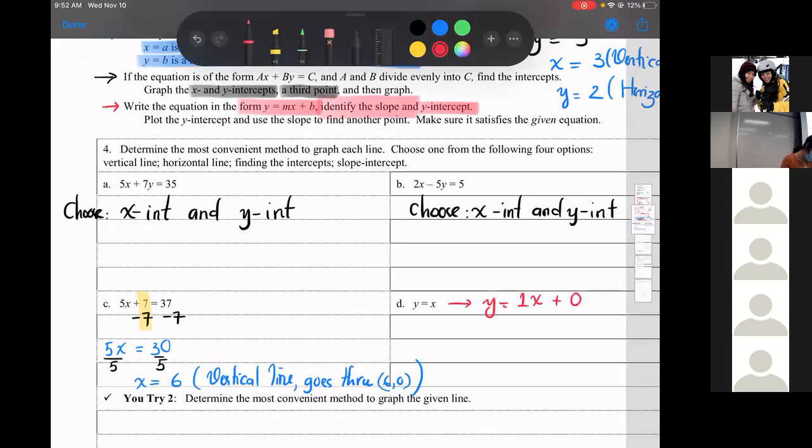So this one has the y-intercept at 0, 0. So you're going to choose the slope-intercept form method.